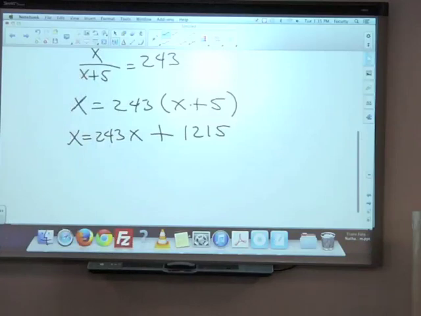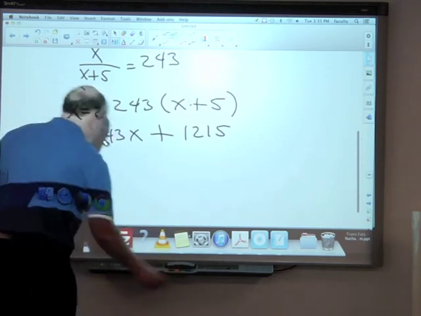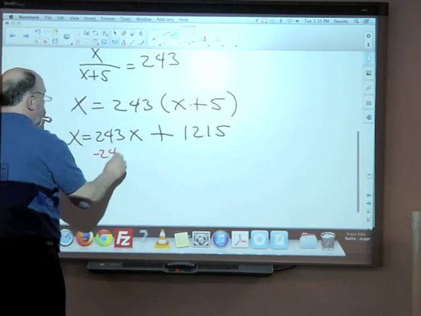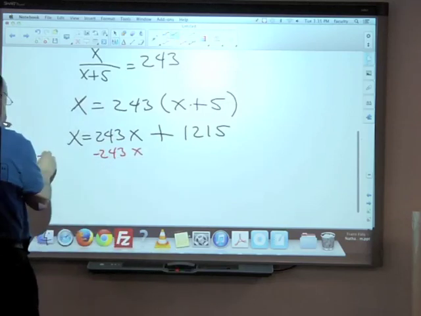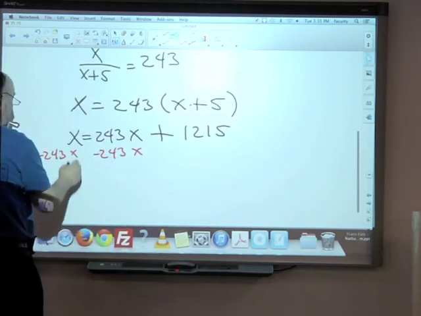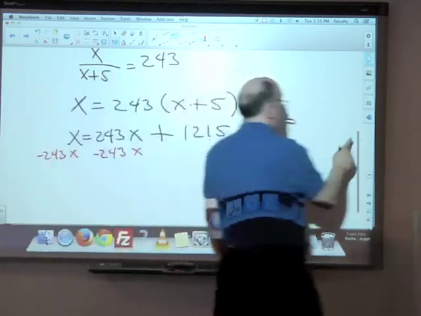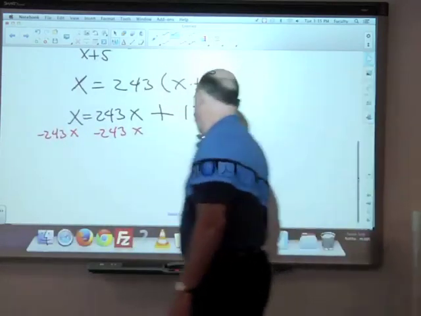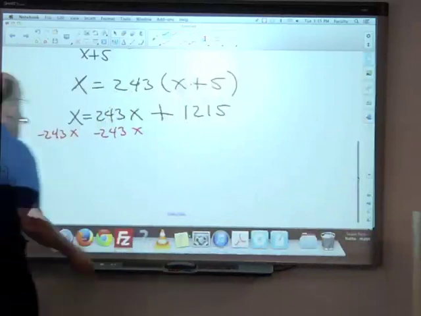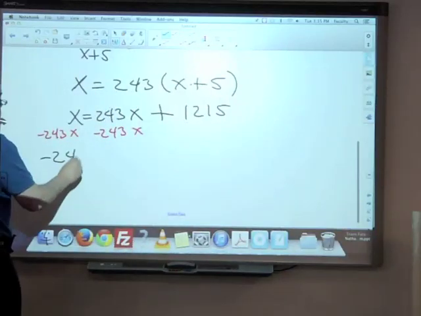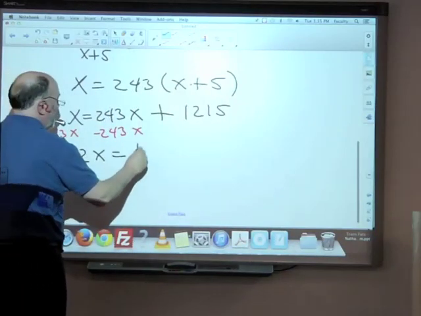We want to get the x's on one side. So if I bring this one over, minus 243x, minus 243x, we get a negative 242x equals 1215.